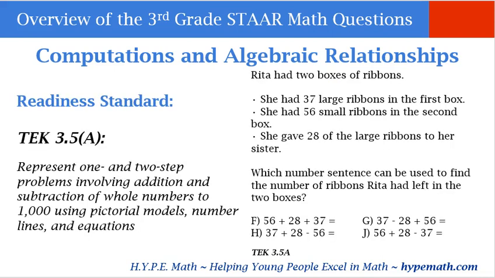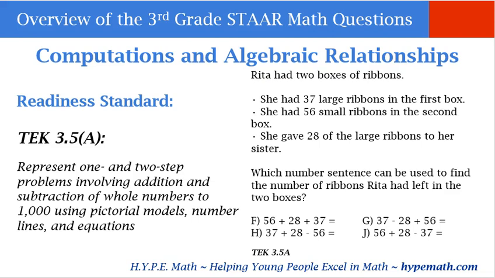All right, let's look at another readiness standard. This is TEK 3.5a. Represent 1- and 2-step problems involving addition and subtraction of whole numbers to 1,000 using pictorial models, number lines, and equations. So in this sample problem, Rita had 2 boxes of ribbons. She had 37 large ribbons in the first box. She had 56 small ribbons in the second box.